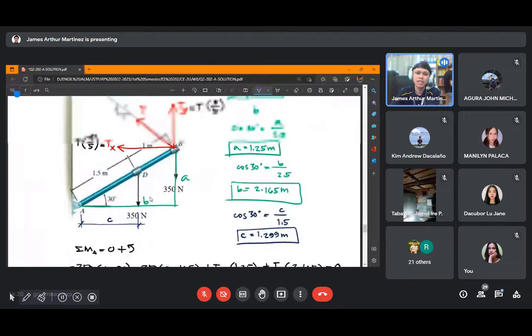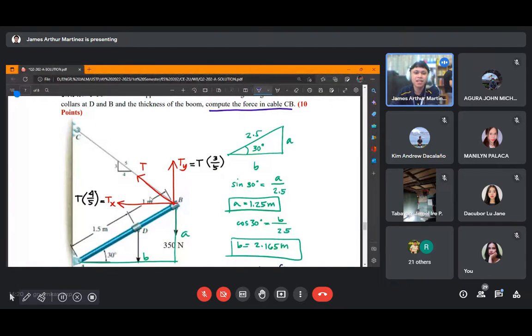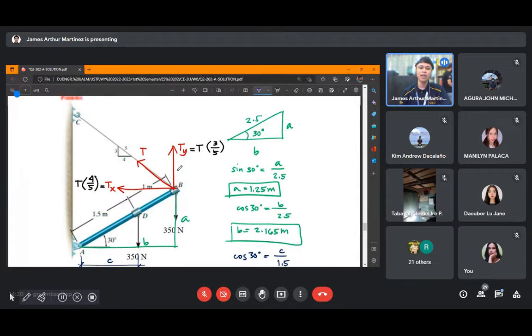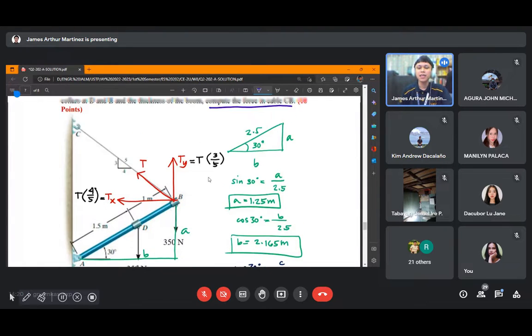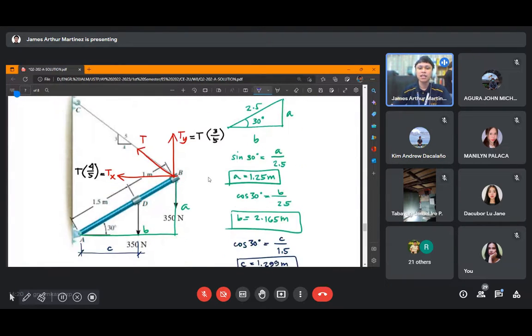Okay. So sige. We have here a complicated looking problem, no? Kay triangle naman ni siya, naghiwi na ang boom. Then napay cable. So, gipangita sa problem first is the force in the cable. So, we know that the cable is tension na iyahang reaction. So, we have here T. So, kung magbuhatag free body diagram, we'll have this one.